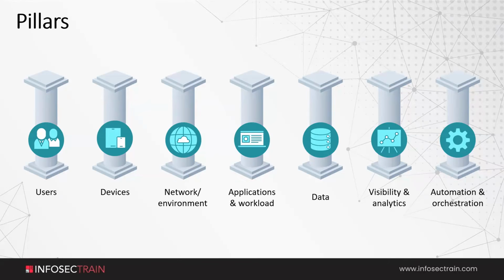Then we have something called visibility. Visibility means a view, right? At the end of the day, whatever we do, zero trust should have proper visibility, from collecting the logs, aggregating them, managing them, and getting feedback from that, to detect anomalies and understand the situation.